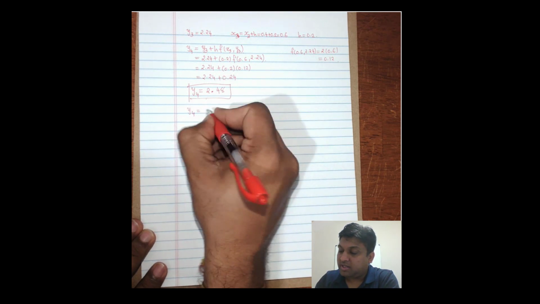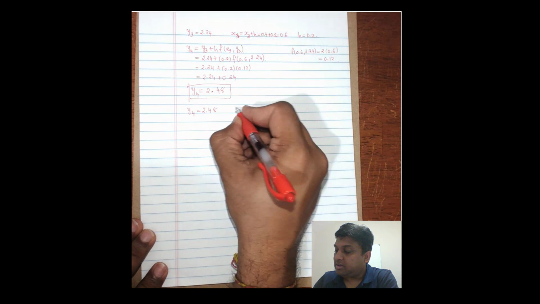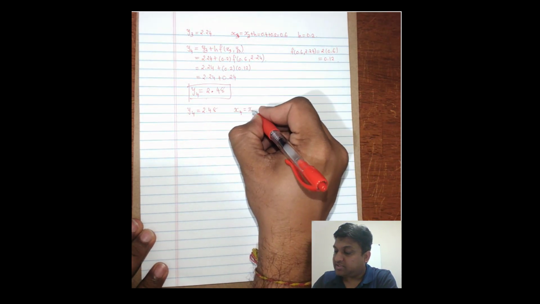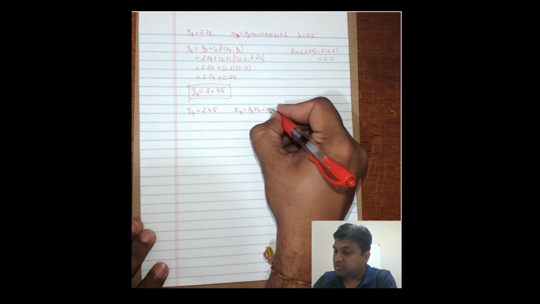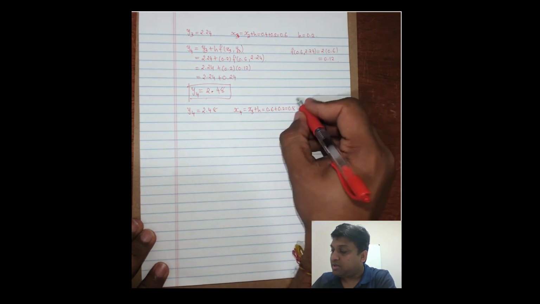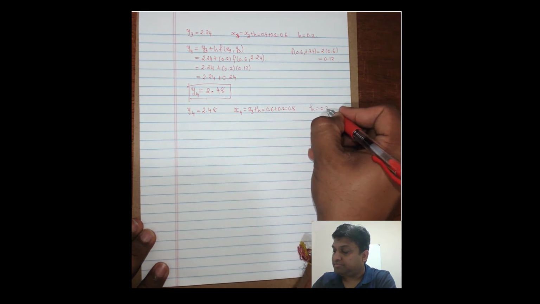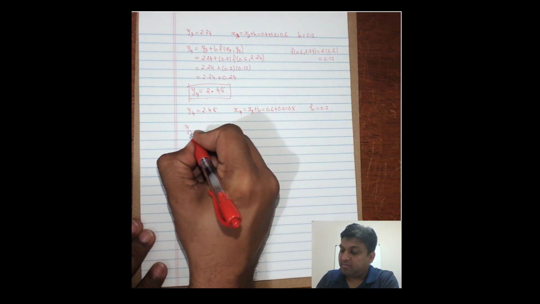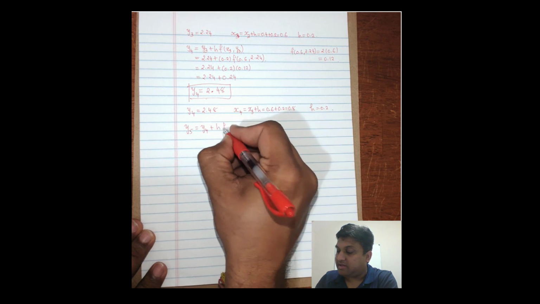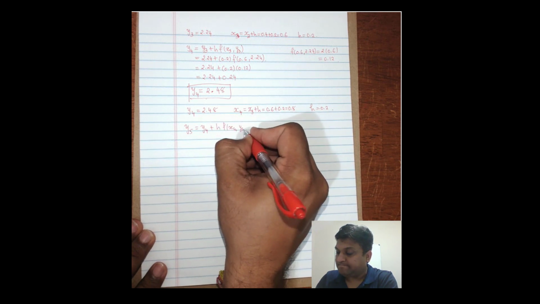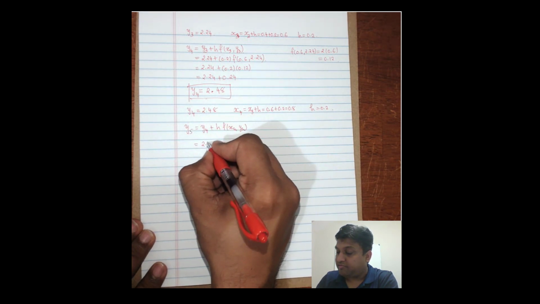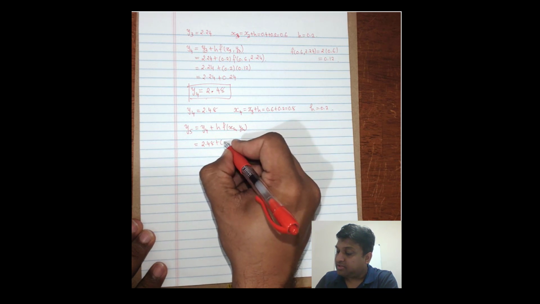I got y4 equal to 2.48. x4 is going to be x3 plus h, and x3 was 0.6, so x4 is going to be 0.8, and then h is 0.2. y5 is going to be y4 plus h times f at x4 y4. Throw the numbers in. y4 is 2.48. This is 0.2.